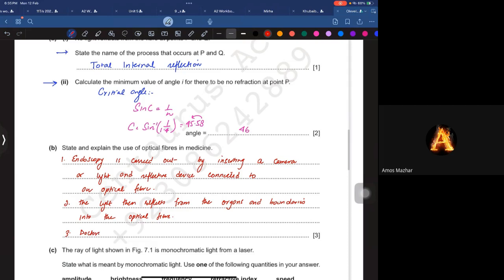Doctors can view the image as light comes back through total internal reflection. All right, kids, like that. So this would be the perfect write-up for this. If you have any questions, please let me know.